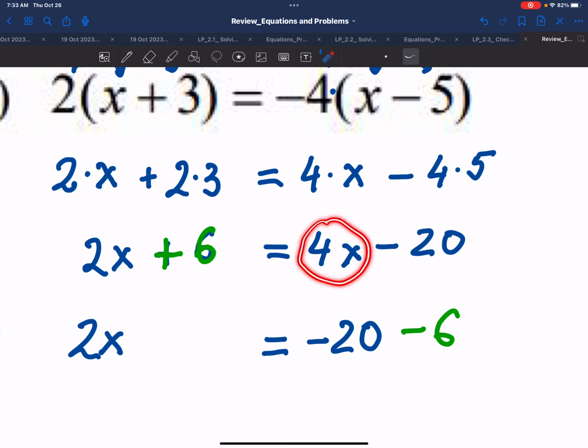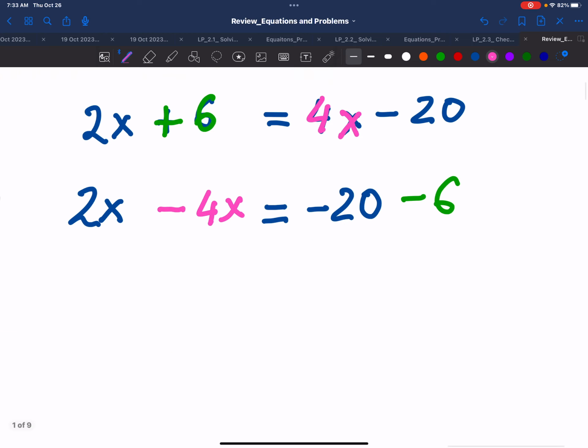The term negative 4x is going from the right side to the left side, which means that 4x now will become positive 4x. So 2x plus 4x equals 6x. Negative 20 minus 6, negative 26.